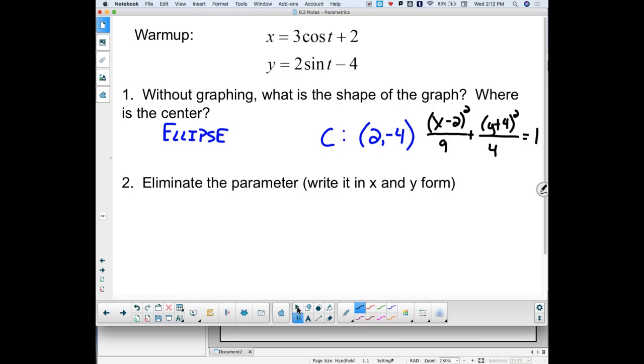That's what we would have said first semester if we had just gotten done with our conic section unit. Okay? So when we eliminate the parameter, that's what we should get.